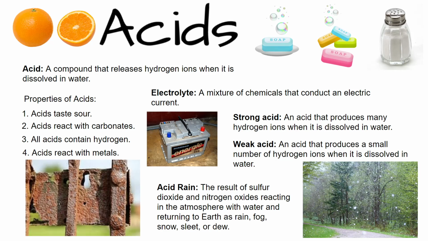Acid rain has a variety of effects, including damage to plants and soils, fish and other living things, materials, and human health. Although acid rain has been around for a century, the problem is complicated and not easily solved. Laws and regulations are in place to control the emissions that cause acid rain, but acid rain is still a problem, especially in the northeastern parts of North America and in Europe.